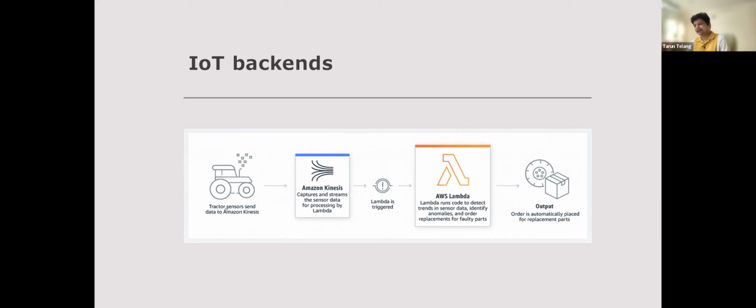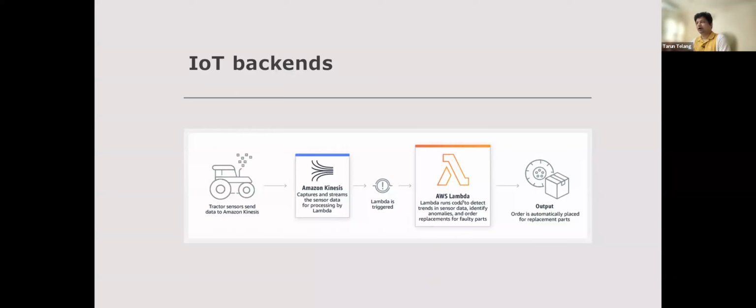And whenever there is any problem like servicing required or some part is getting out of order, then there could be data streamed to Amazon Kinesis, and this can trigger an event for AWS Lambda, and this can in turn create some output like placing an order for the spare part.